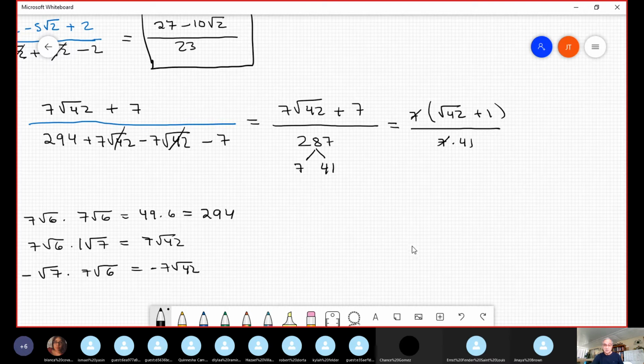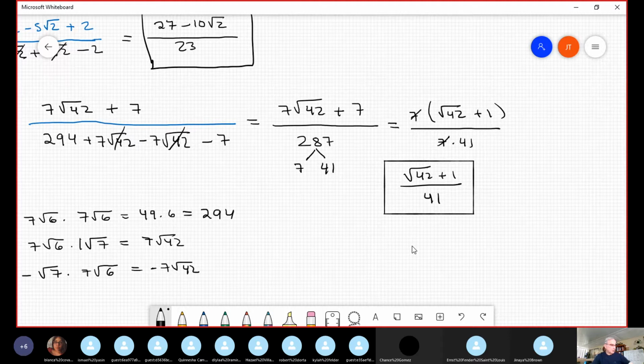And the final answer is square root 42 plus 1 divided by 41. Final answer. Any question? Very good or very bad? Very good. Can you just reduce it, please, so that I can take a screenshot of it?